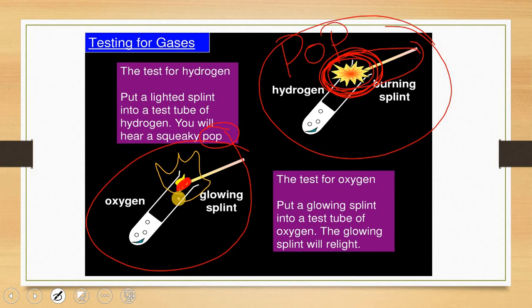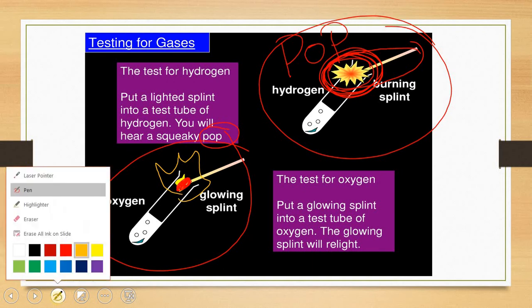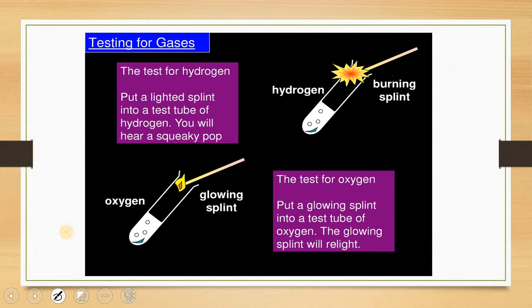You have to remember, because if they ask you in a subjective question, it will carry a lot of marks. So for hydrogen it will produce the pop sound, and for oxygen it will reignite.